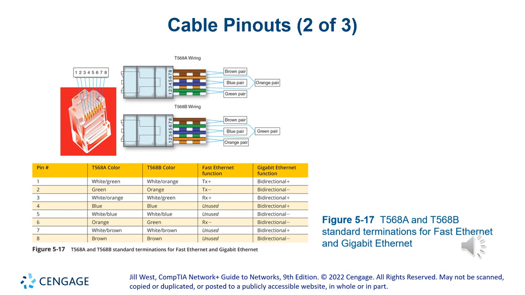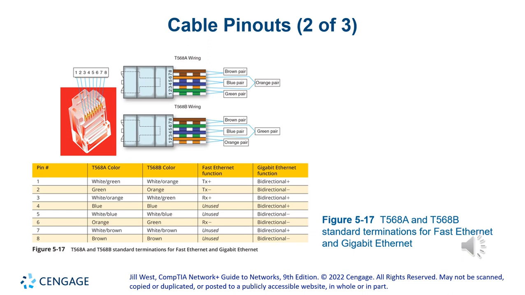On both of them, 7 and 8 have the brown pair. That doesn't change. The blue pair always goes in the middle, and if you notice, the order is flipped. You've got white blue and then the blue cable. With the brown, you've got brown and then brown white. But on the blue, it's blue white and then the blue.